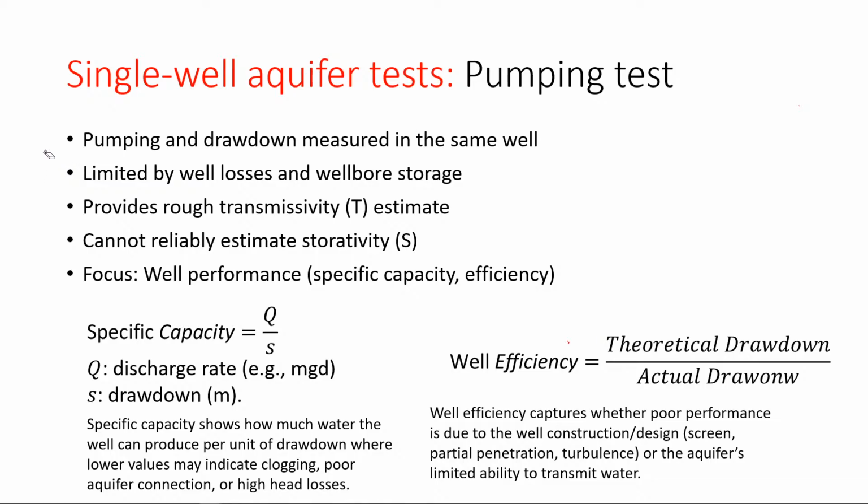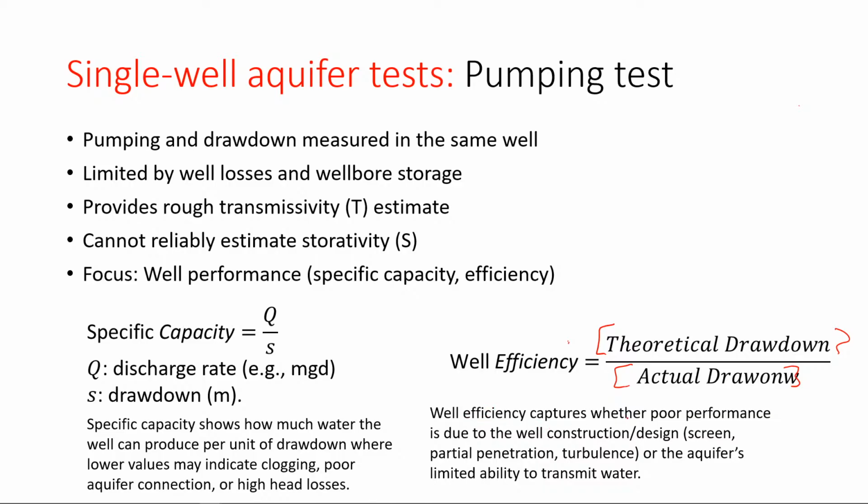The theoretical drawdown and then the actual drawdown that you are getting. If you see the deviation between the theoretical drawdown from your Cooper-Jacob curve or whatever and the actual drawdown, that could tell you something about the well efficiency.